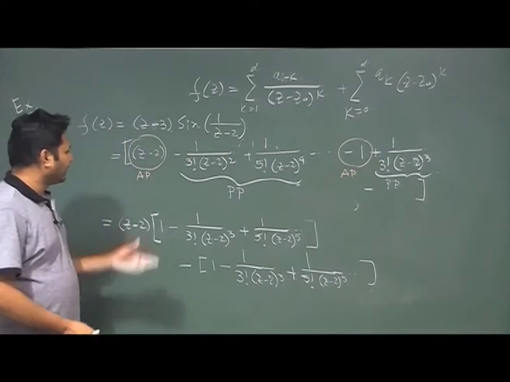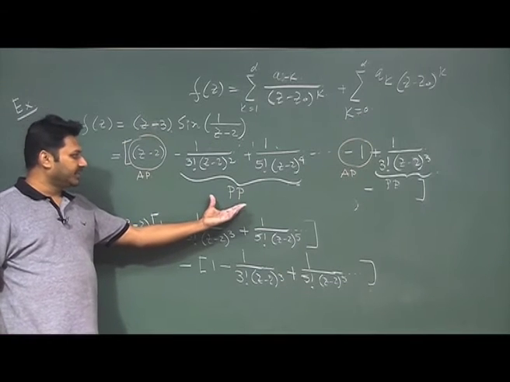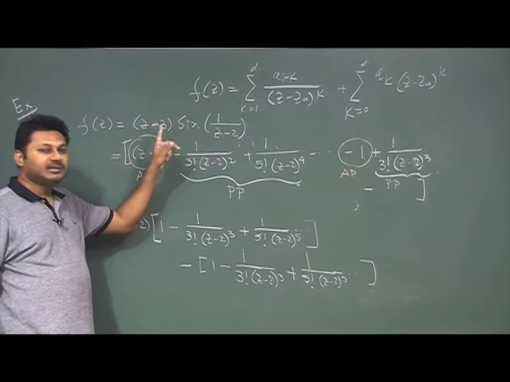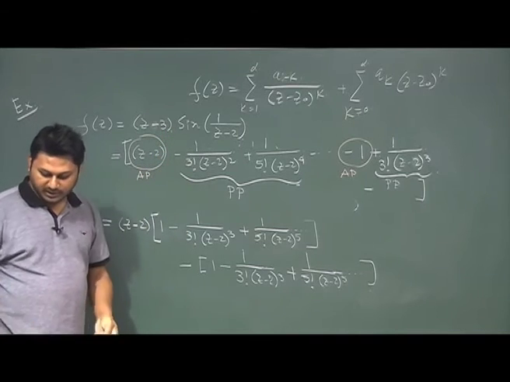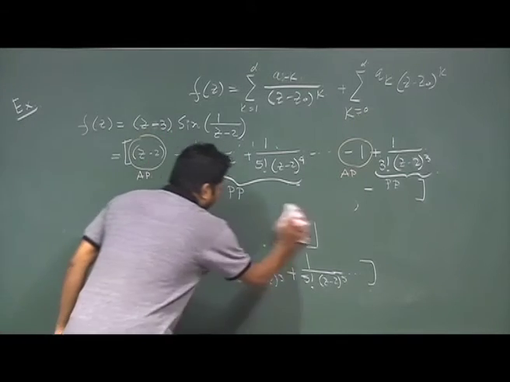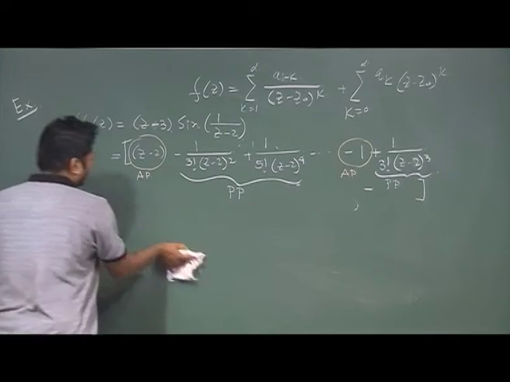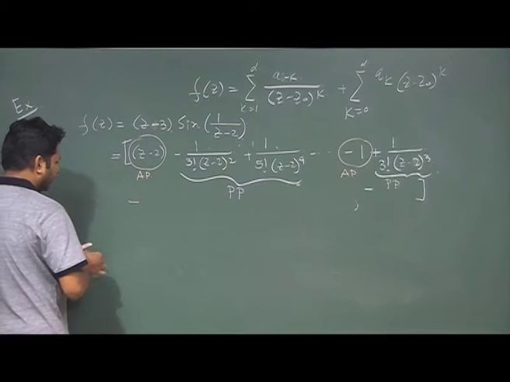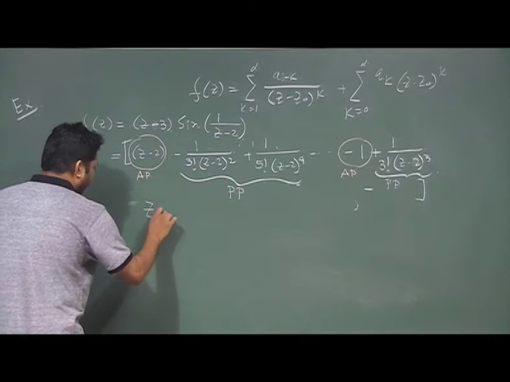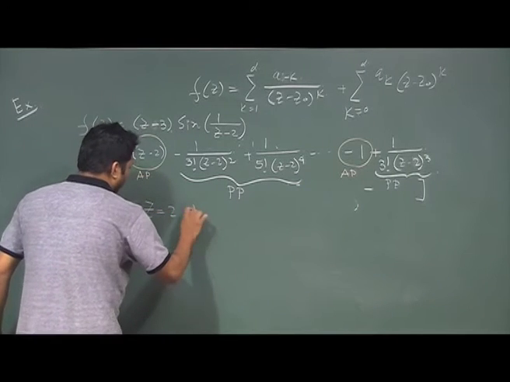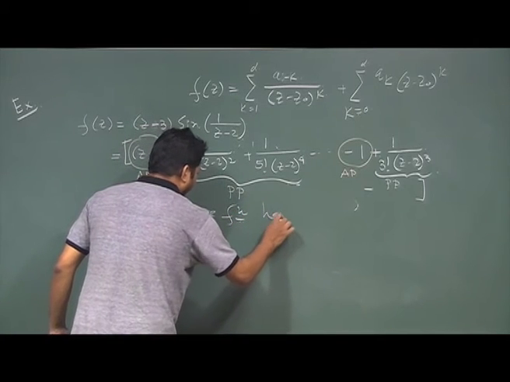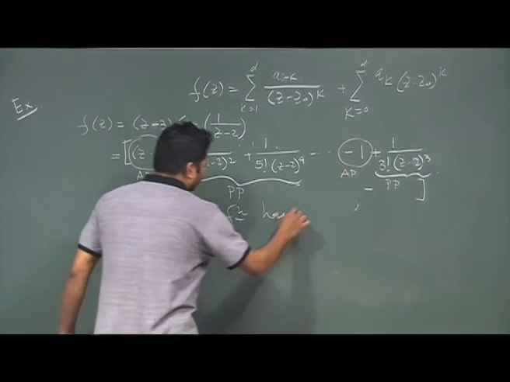We have only two analytic terms here and an infinite number of principal part terms. So, that means at z equal to 2 this function has an essential singularity. So, the conclusion is at z equal to 2 the function has an essential singularity.